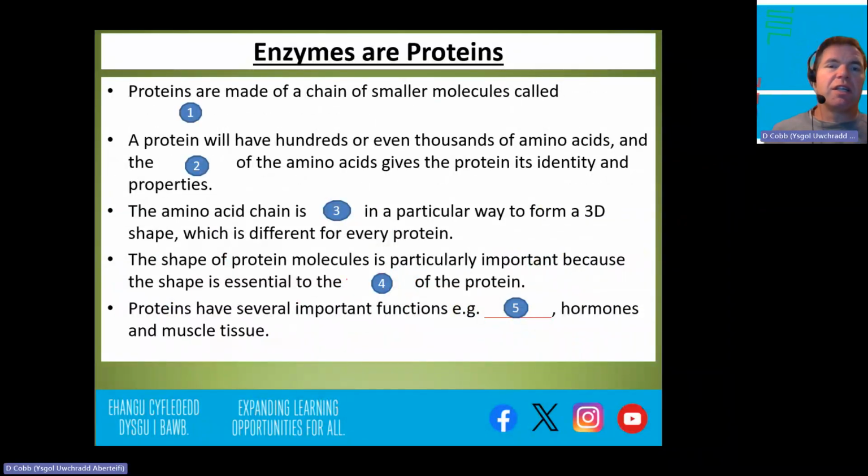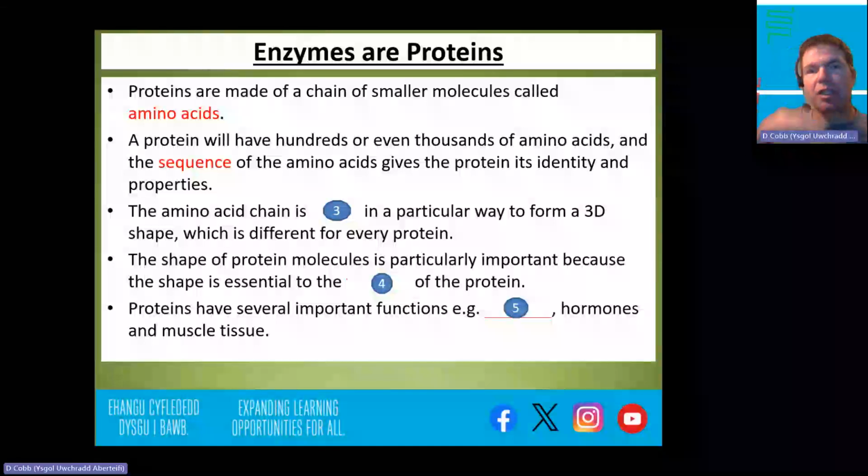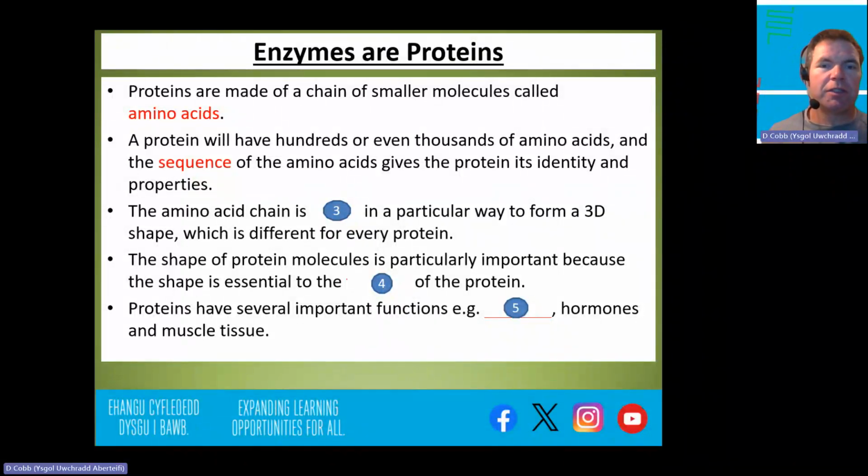So this is a little activity here just to keep you on your toes, for want of a better term. You'd be welcome to stop the video and see if you can figure out what should go in each of these blank spaces, but I'll go through it right now. Proteins are made up of a chain of smaller molecules called amino acids. A protein will have hundreds or even thousands of amino acids, and it is the sequence or the order of the amino acids which gives the protein its identity and its properties.